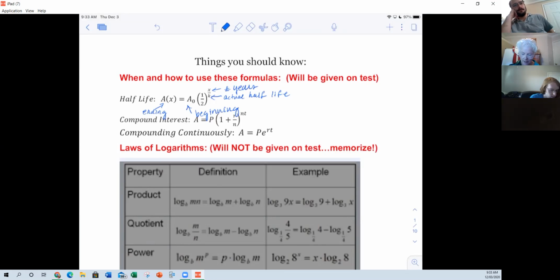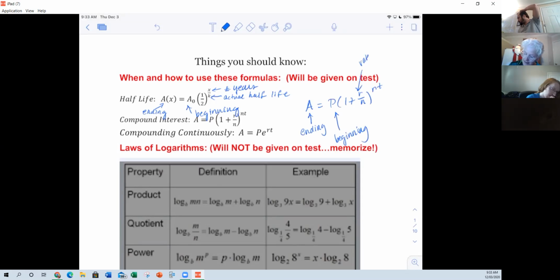Okay, so compound interest, this formula, A equals P times (1 plus R over N) to the NT. This is our ending amount. This is the beginning amount. R is the interest rate as a decimal. People forget to change it to a decimal, especially if they give you an interest like 0.7%.